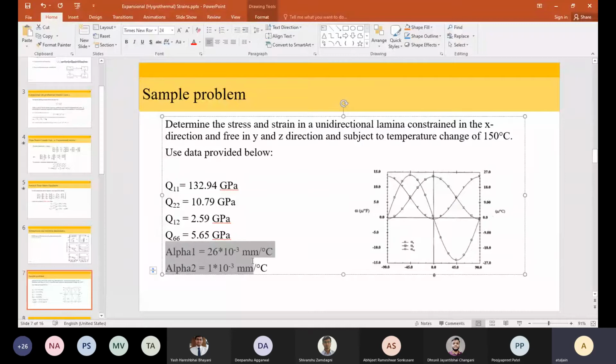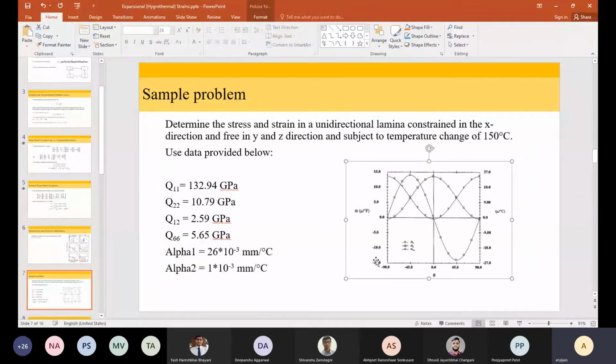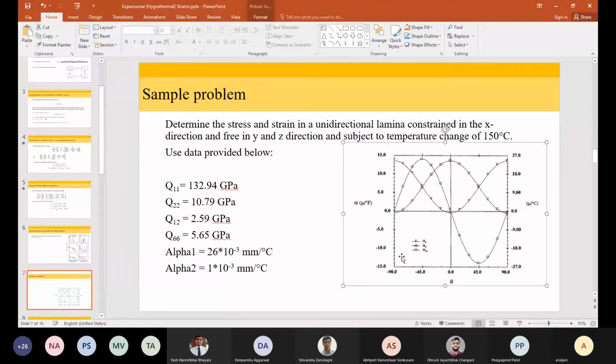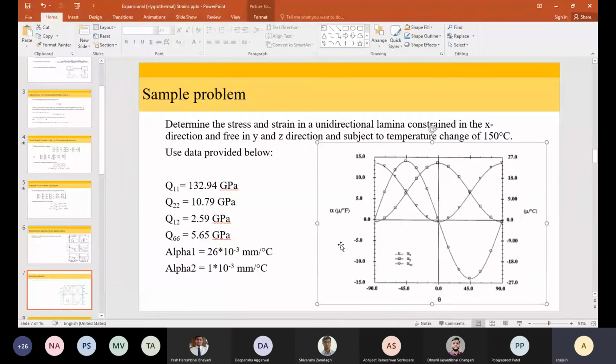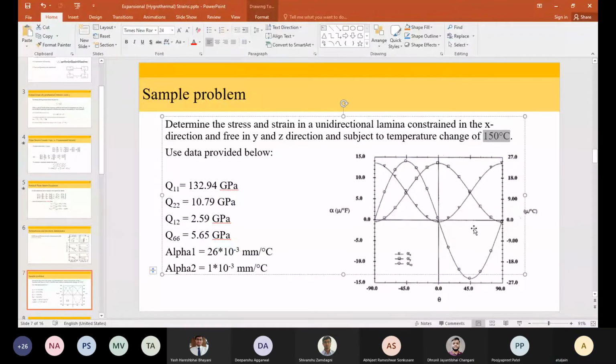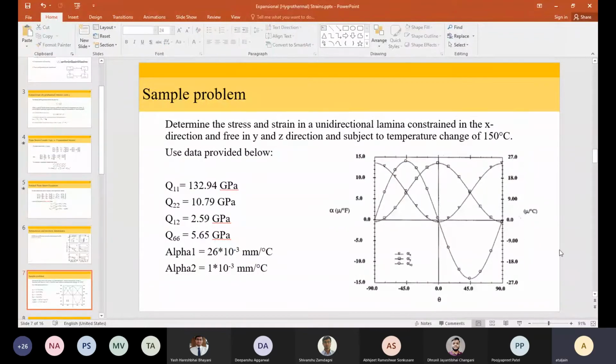The alpha value is either given in text or a figure like this is given, which gives me the value of alpha per degree Fahrenheit or per degree Celsius, depending on the axis, and how it is varying as a function of temperature, as a function of theta. So you look at these charts, calculate the value of alpha, and the Q matrix is known and delta T is known. You can calculate the expansional strain.